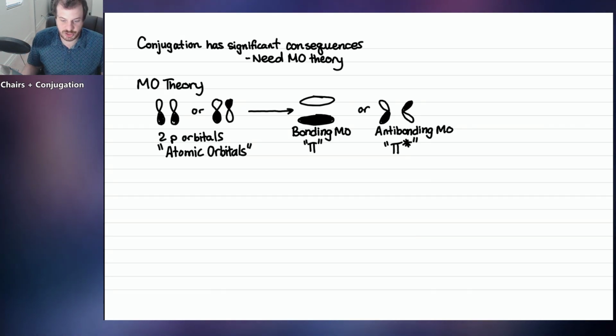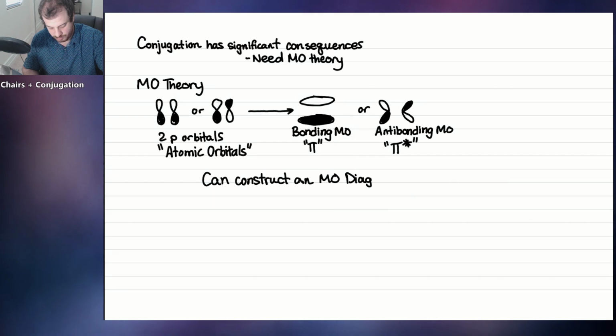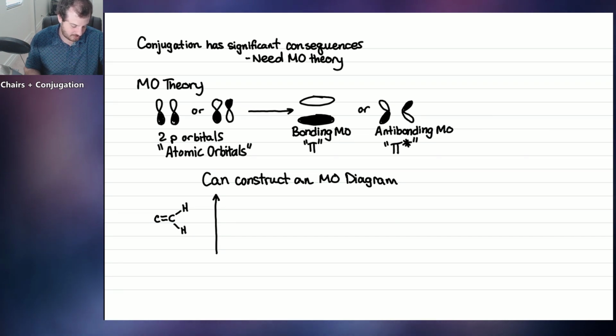All right. So with this information, we can actually construct an MO diagram for ethylene, the simplest alkene that you can have. We have two molecular orbitals, pi 1 and pi 2.